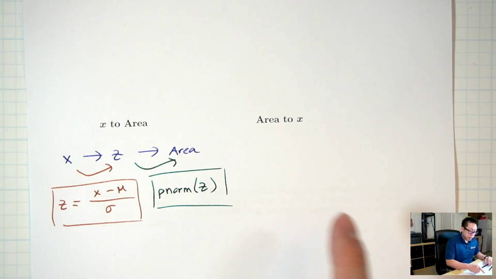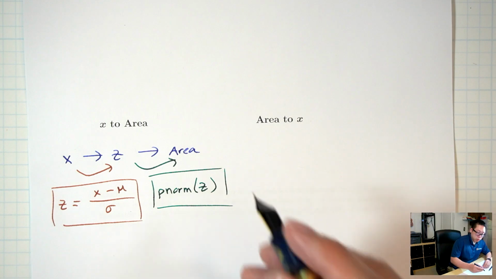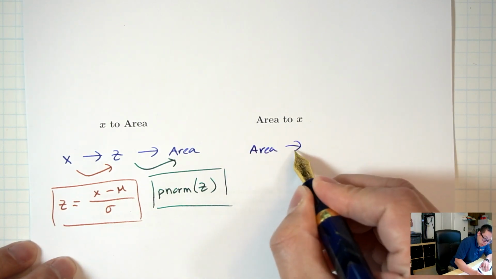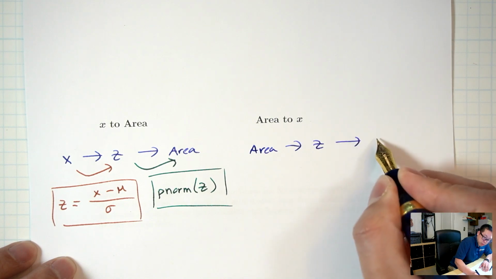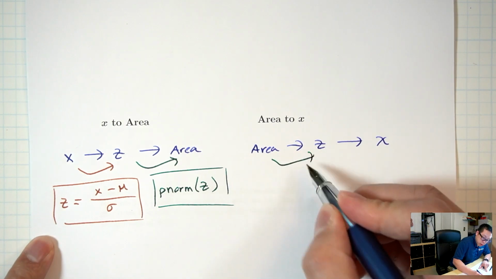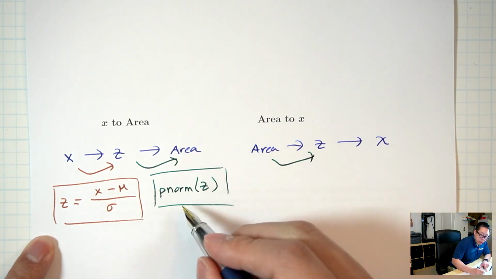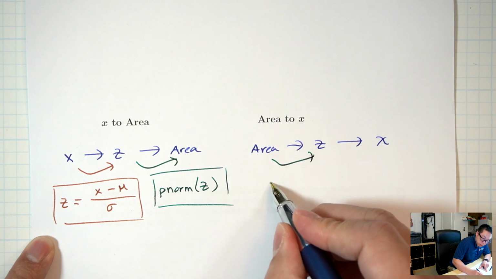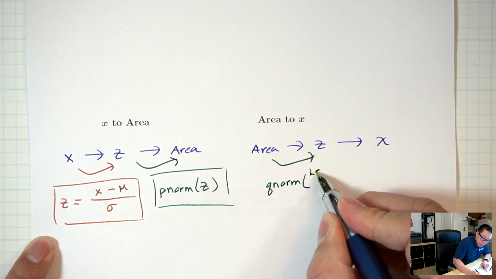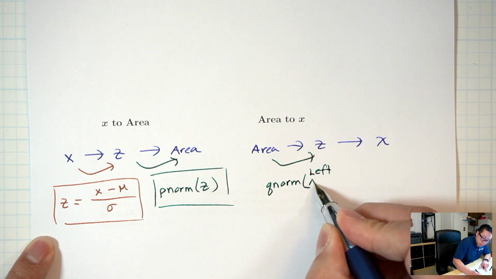To go from area to x, you go in reverse. You go from area to z, and then from z to x. The area to z part we do using the backwards version of pnorm, or the inverse version of pnorm, which is qnorm, and you feed it the left area of your picture.